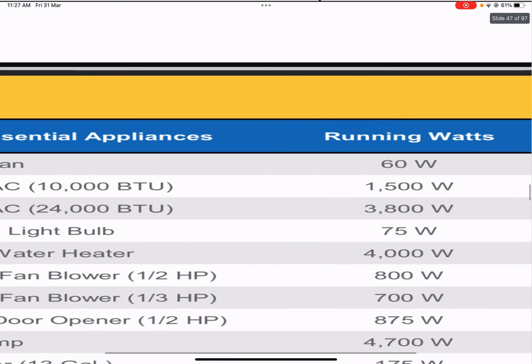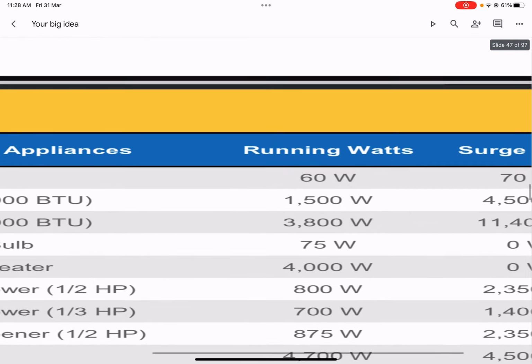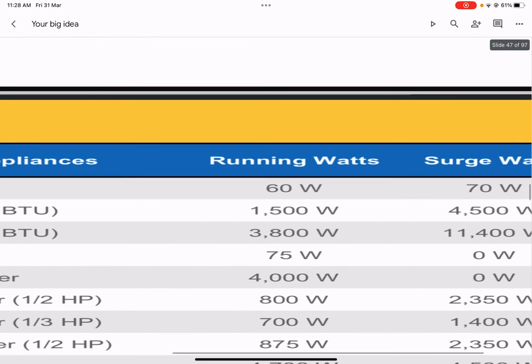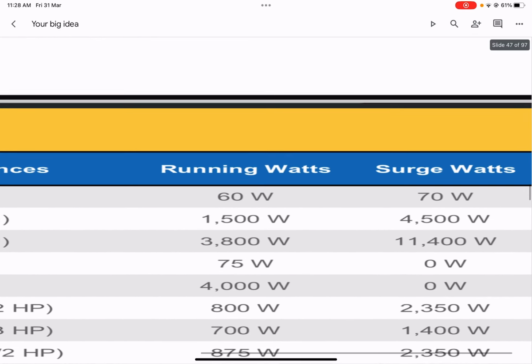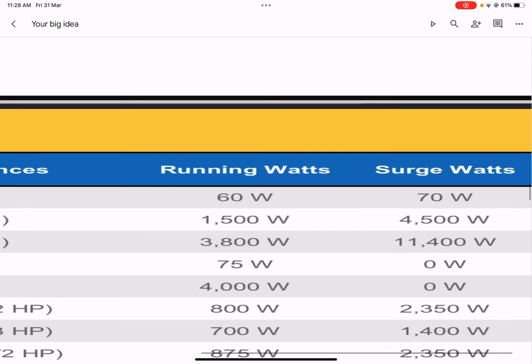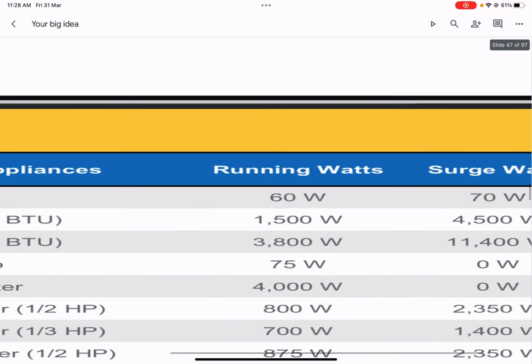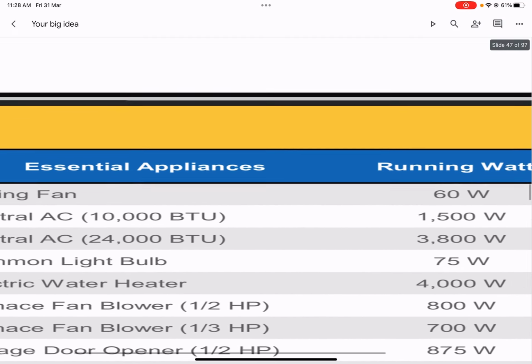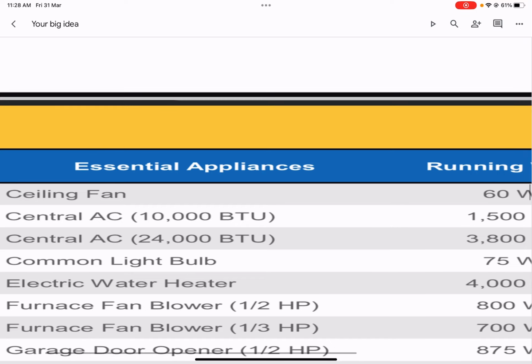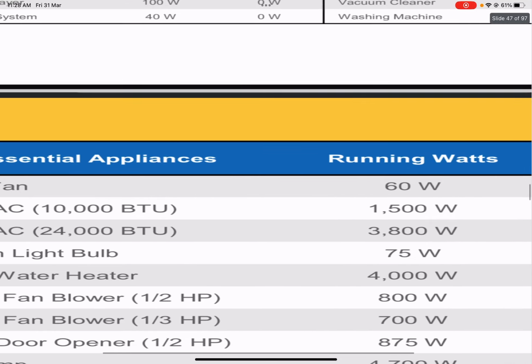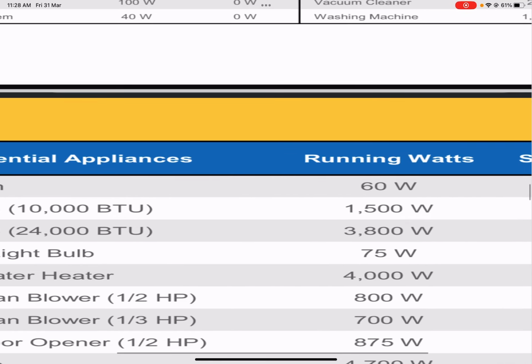A ceiling fan, one that might have, has a typical wattage of 60 watt. Again, you see that when you start the fan, momentarily the consumption would be more, this would be 70 watt. But when you keep it in operation, then it would consume 60 watt, right? So surge wattage would be typically for starting. AC machines, depending upon the capacity of the machine, would be consuming some 1500 watt to 4000 wattage.